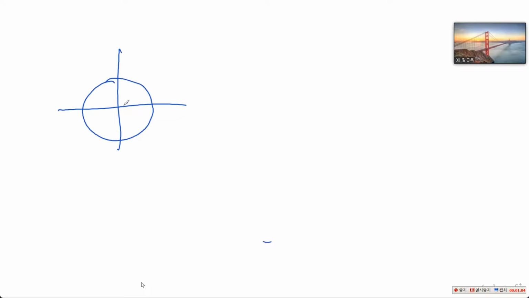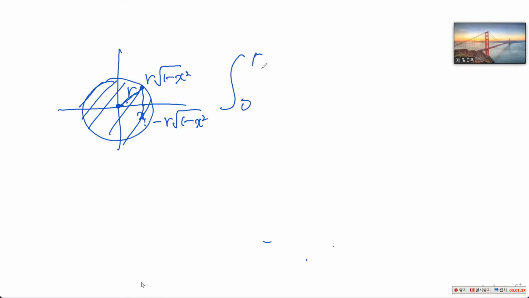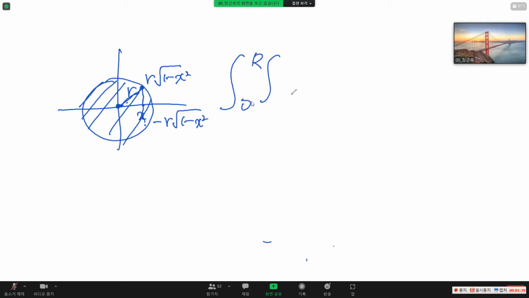Assume that the radius is r, and for convenience the center is 0, 0. Then we can still calculate the area of the circle by integration. Once we determine x, then y runs from minus square root of r squared minus x squared to positive square root of r squared minus x squared, so we integrate dx dy from 0 to r.